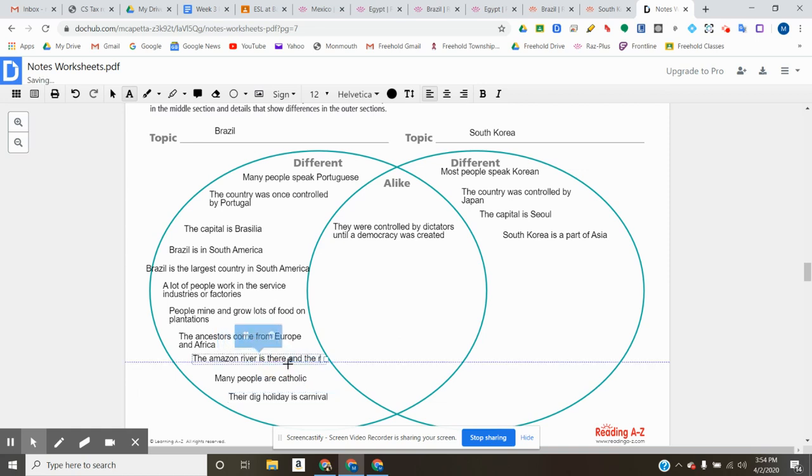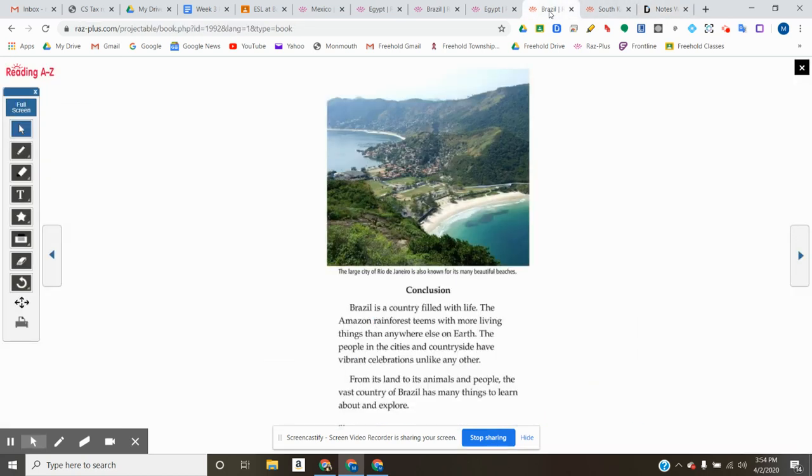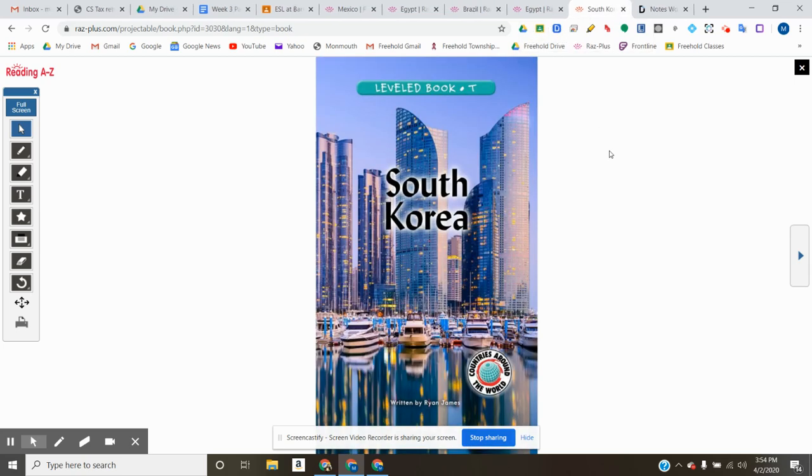And the rainforest with all its special animals. Alright, what's the last page say? It's filled with life. The Amazon rainforest teems with more living things on the land and its people. Cool.